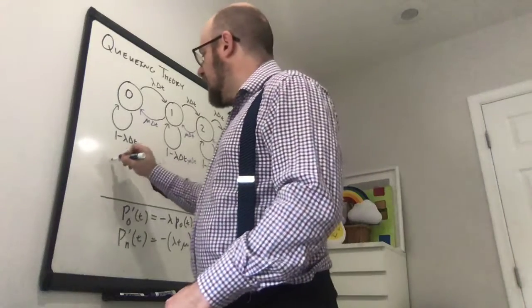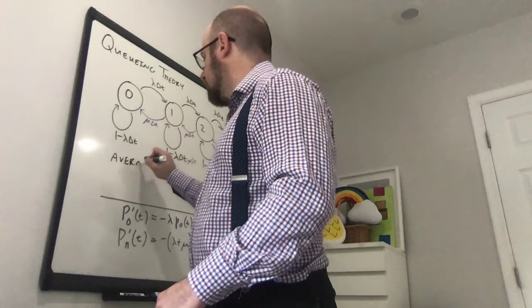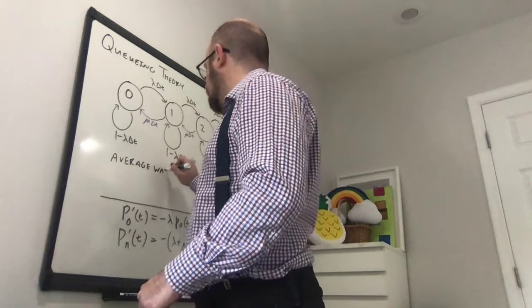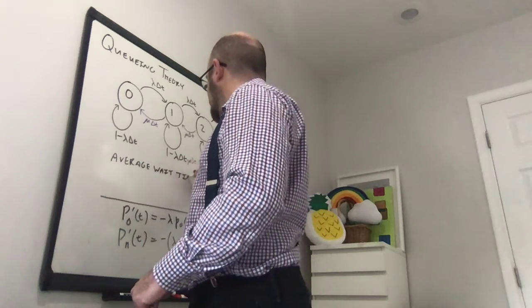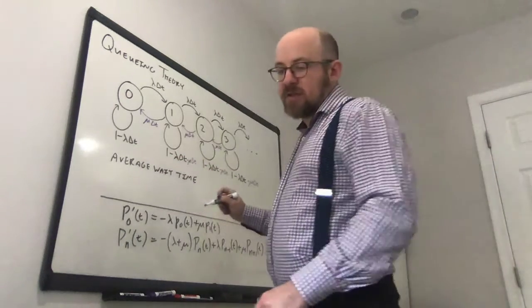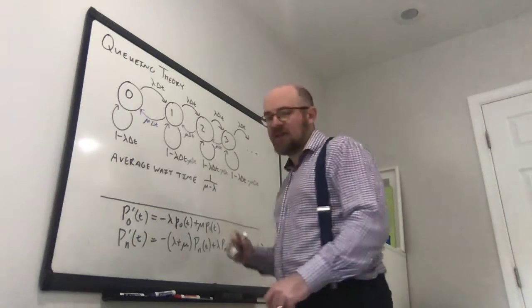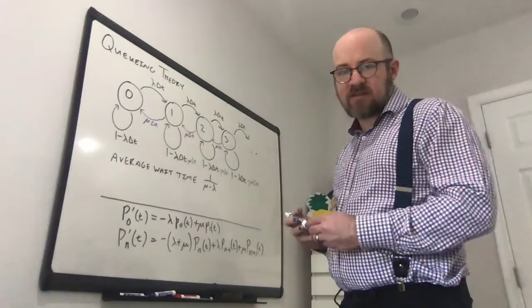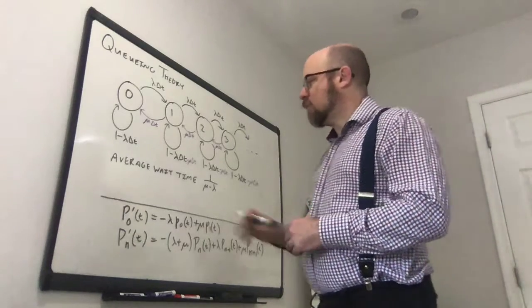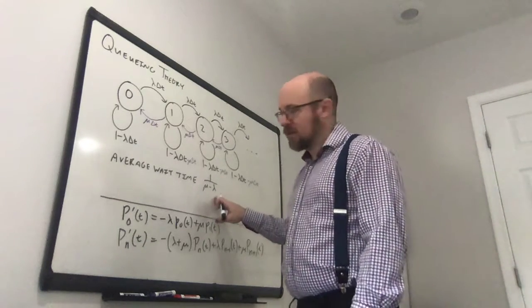You can get that the average wait time of somebody standing in this queue is going to be 1 over mu minus lambda. And if you want to see how that's derived, you can see it in the textbook. So the average time that somebody waits is 1 over mu minus lambda.